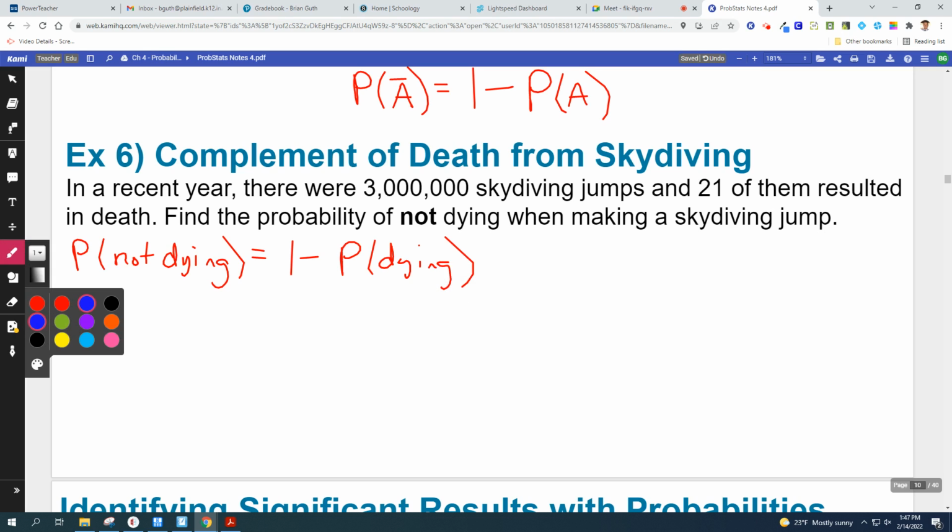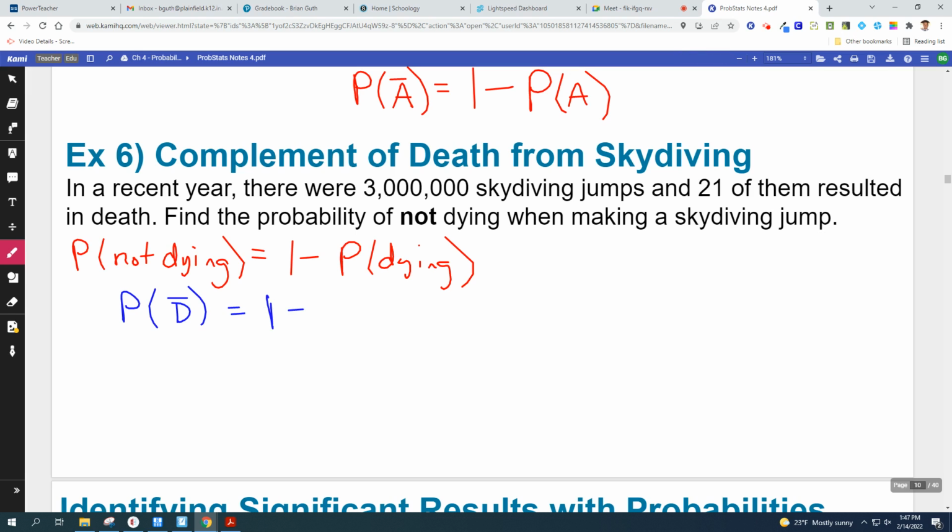Or if you want to use symbols, I guess we could say something like this. We already did kind of the most important part of this problem. We did the probability of dying. We said that was 21 over 3 million. So this is going to be 1 minus 21 over 3 million.